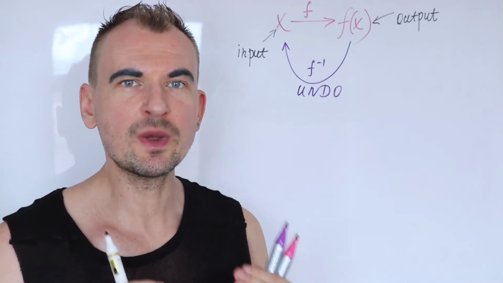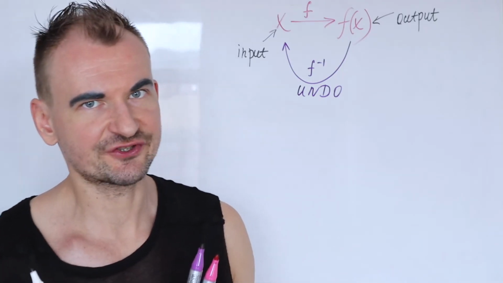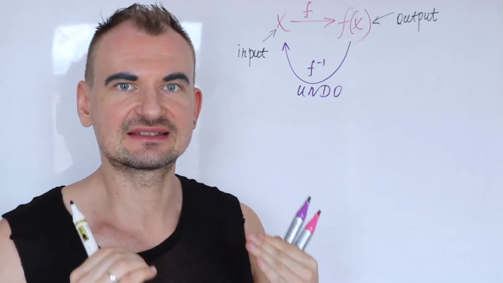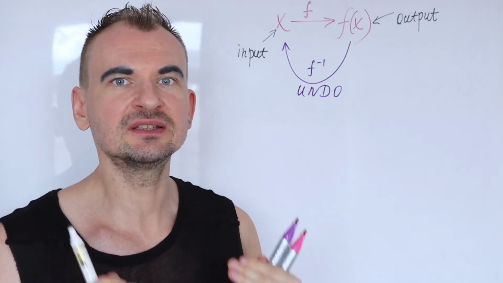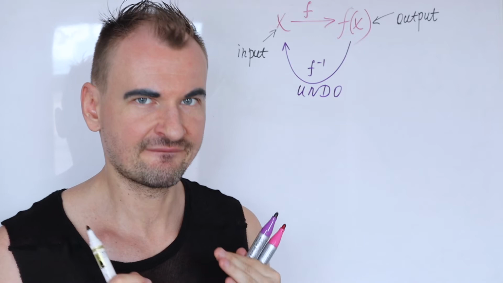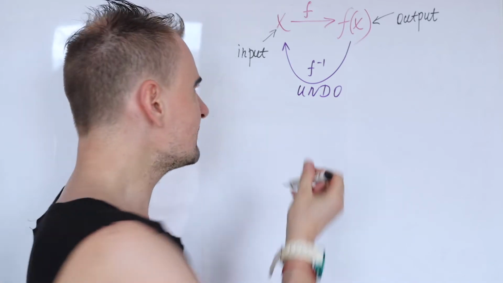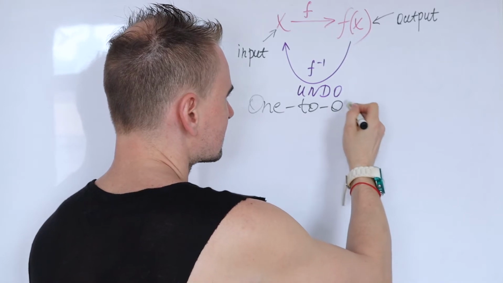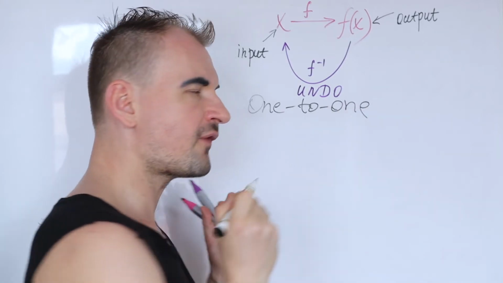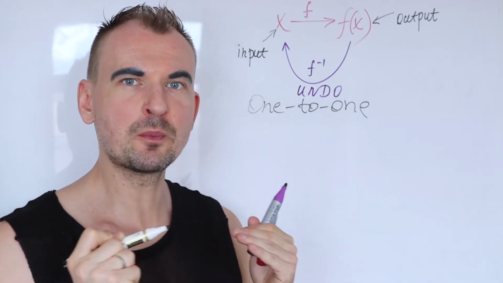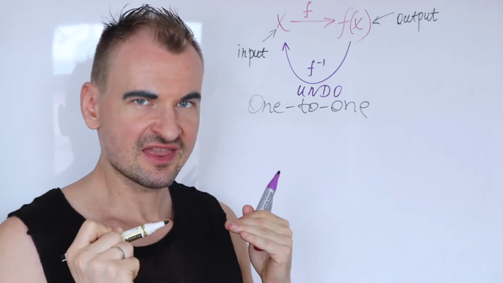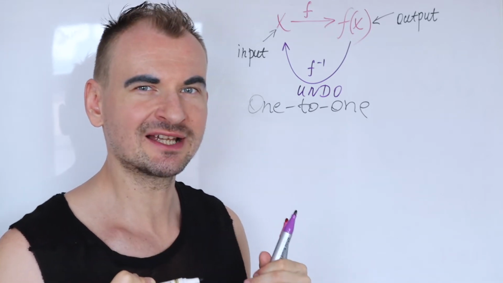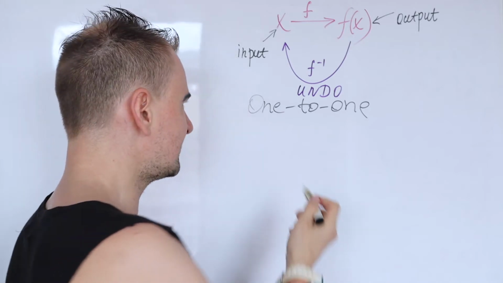Inverse function, when does it exist? It exists only if you are given a one-to-one function. That simply means your function has to pass the horizontal line test. What does it mean?